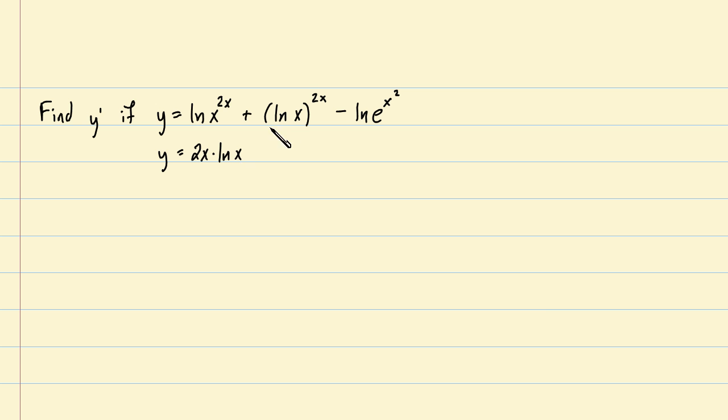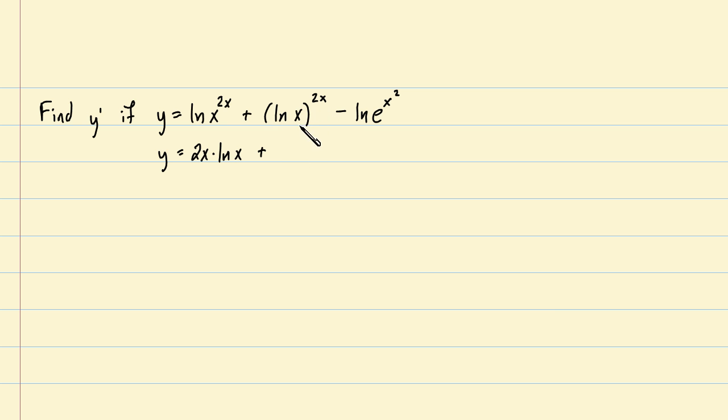This term, however, very similar to the last example we did, is a variable exponent on a variable base here. There's no natural log that I can use to bring this 2x out in front. Remember, this natural log won't work. This is a power of a log, not a log of a power.